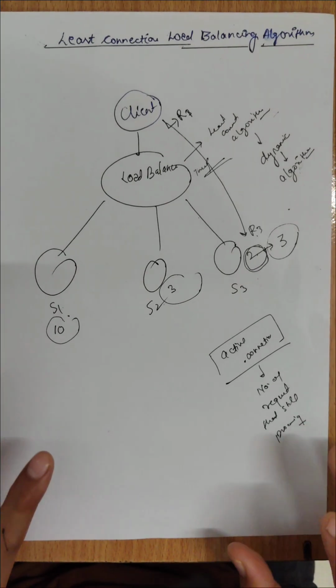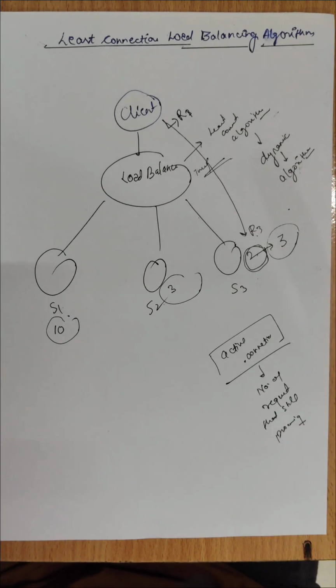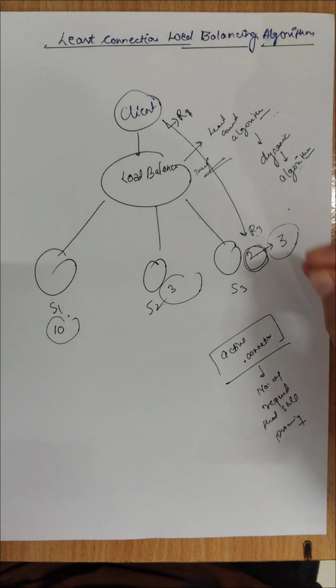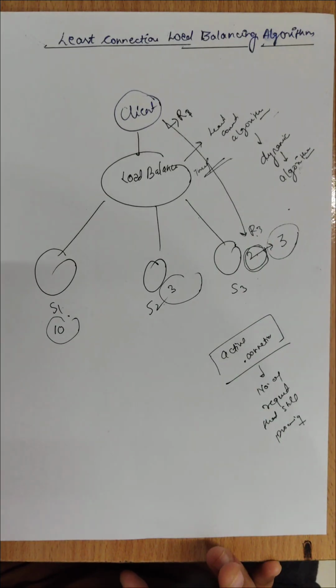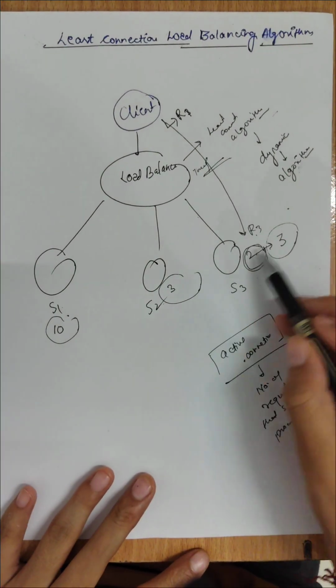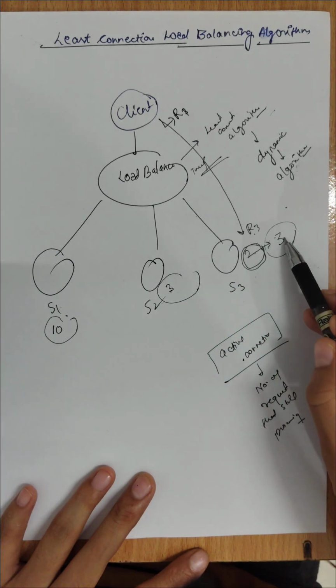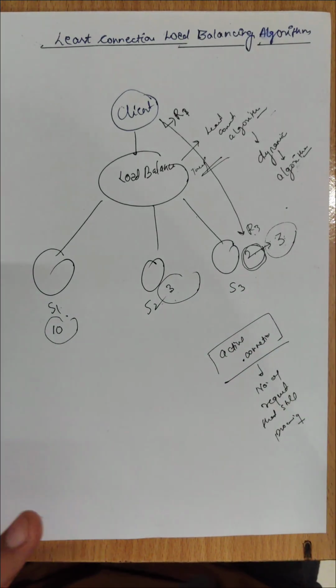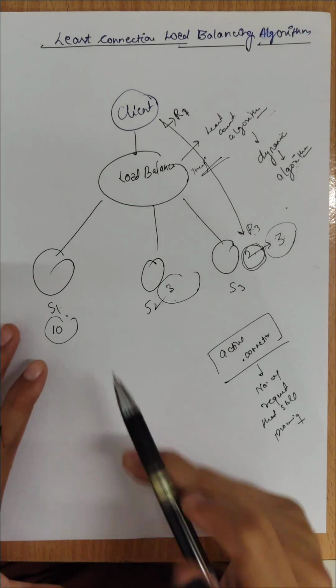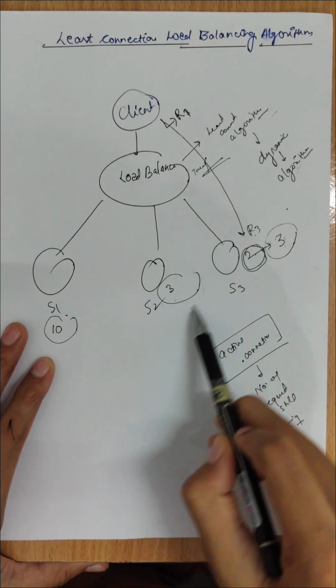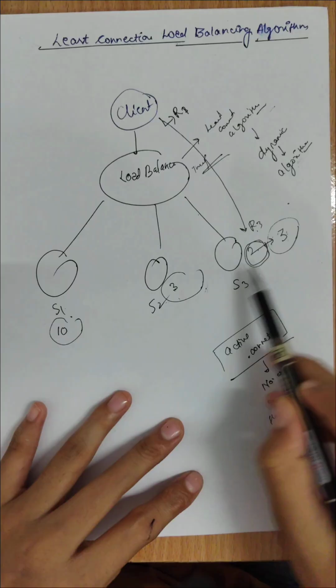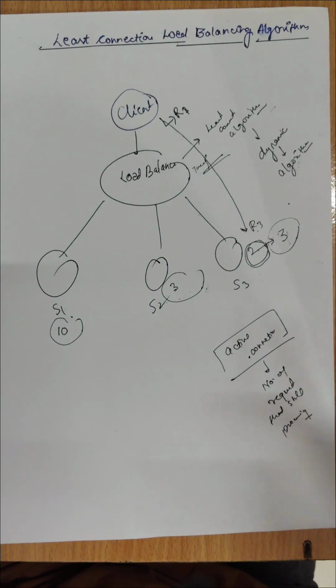Now you might think, okay, if the request passes on to the server which has the fewest requests, great, but what if all the servers have the same number of requests? Let's say these servers have the same number of requests, 3 active connections. If we compare these two, this one obviously has fewer active connections, and if we compare these two, they have the same number of requests.